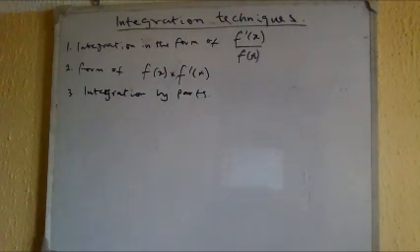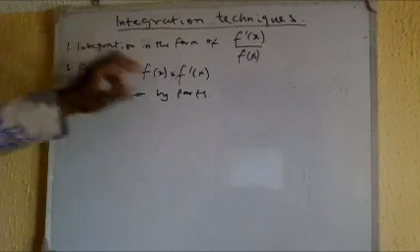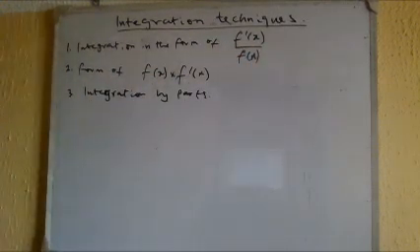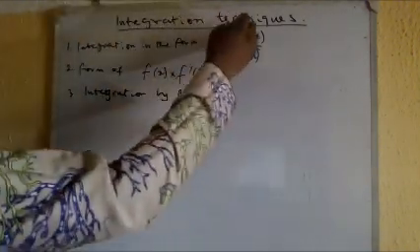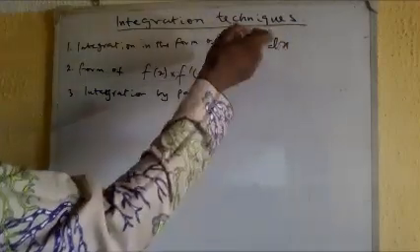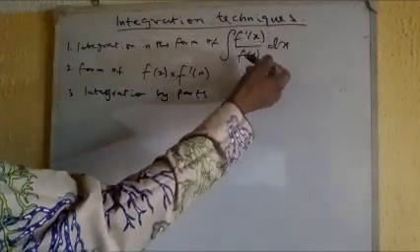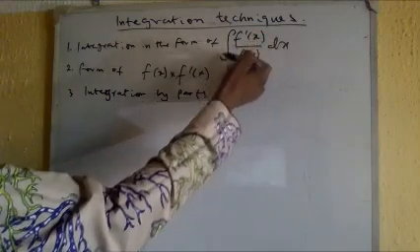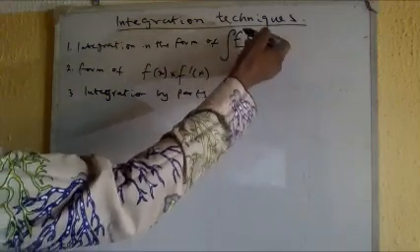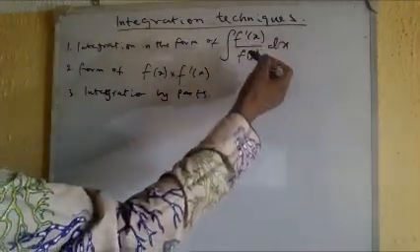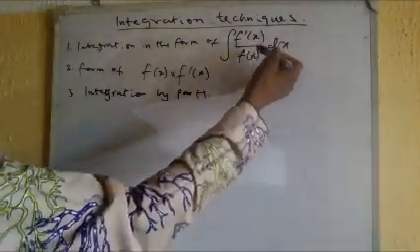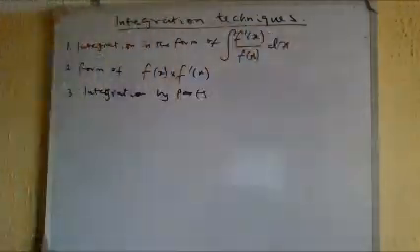Okay. Now, first of all, we have on the board the form of the differential. If you're integrating the quotient of two functions where the differential of the denominator is the numerator, how do we do it?